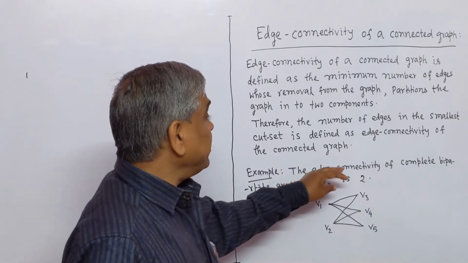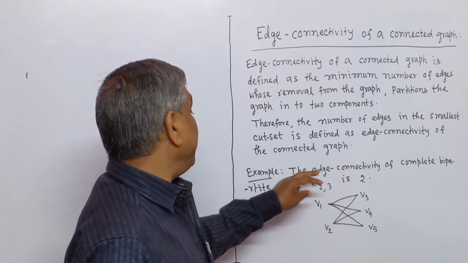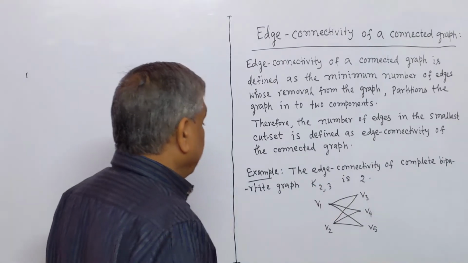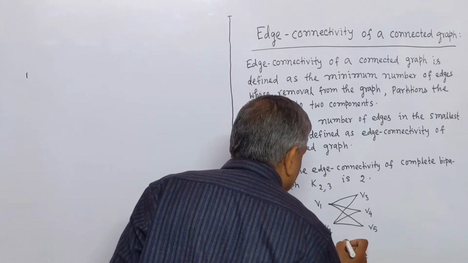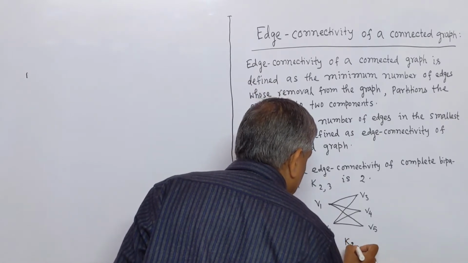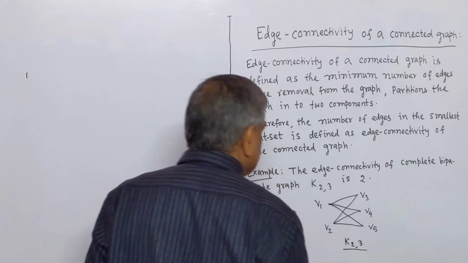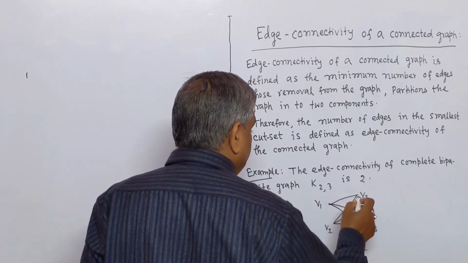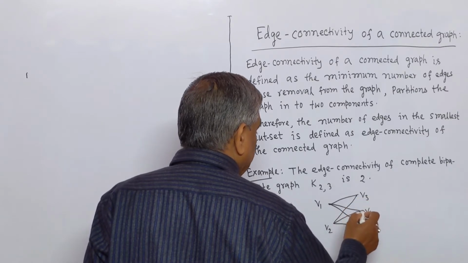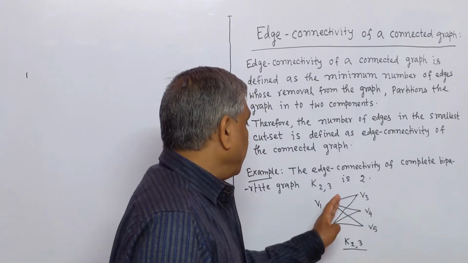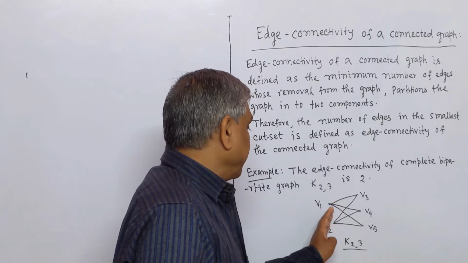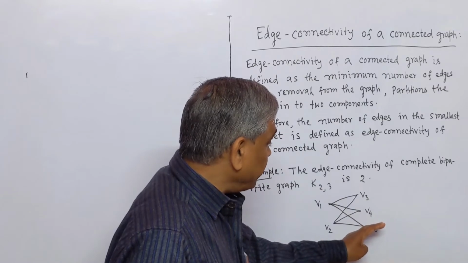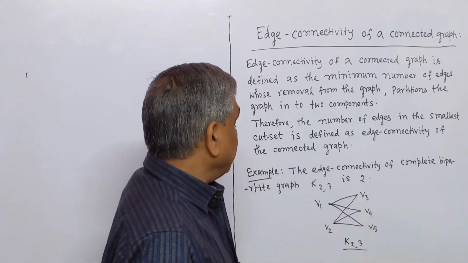The edge connectivity of complete bipartite graph K23 is 2. Here this is complete bipartite graph K23. Here we have two vertices V1 and V2, and this side three vertices V3, V4 and V5. All vertices of the left side are connected with all vertices of the right side.